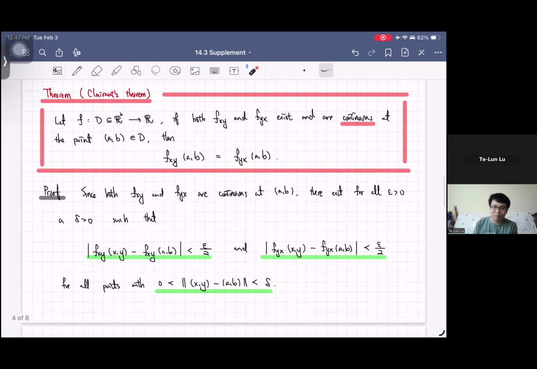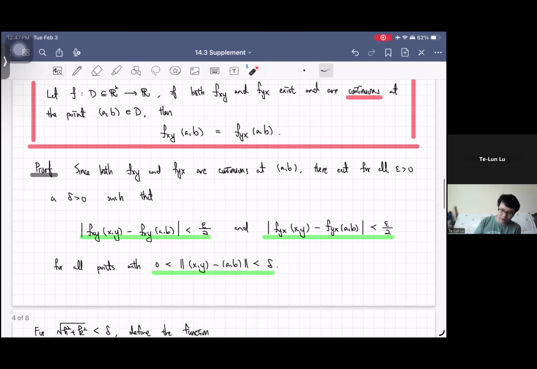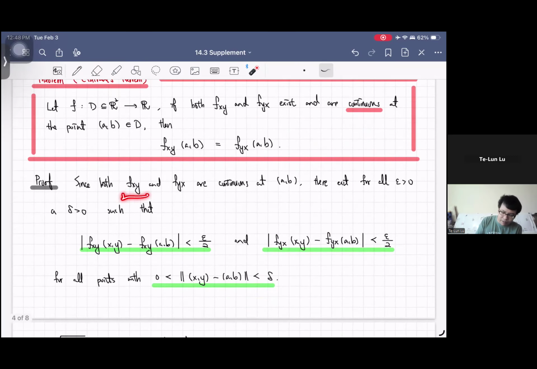We don't really know what we're doing, but it turns out we have just proven our theorem. By the definition of f_xy and f_yx being continuous at (a, b), given any epsilon, you can always find a delta such that f_xy at (x, y) is within distance epsilon over 2 of f_xy at (a, b), provided that (x, y) and (a, b) are of distance less than delta.